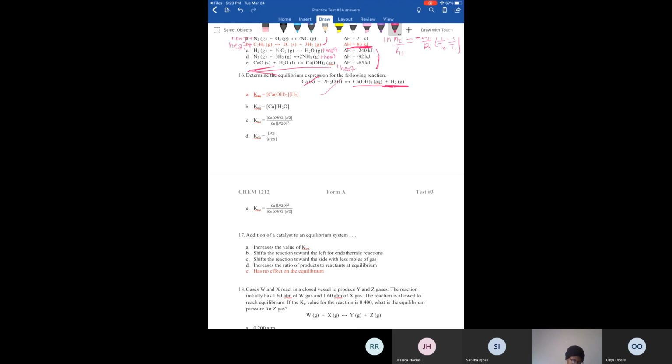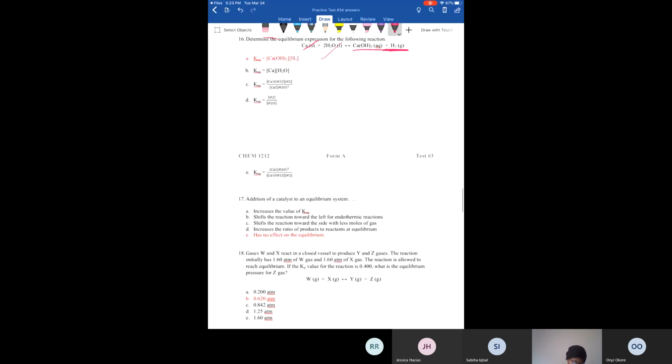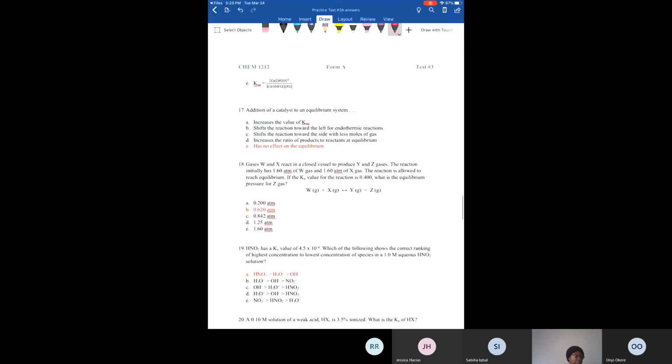Okay. So addition of a catalyst to an equilibrium system increases the KEQ. So important thing to note that catalysts never change the thermodynamics. It doesn't have any effect on equilibrium. It won't change it at all. So A is wrong.